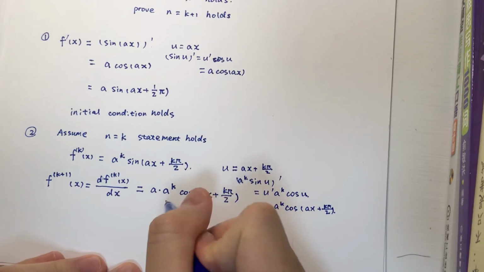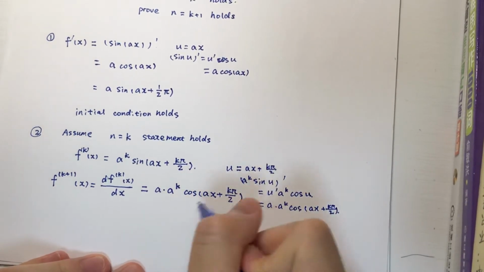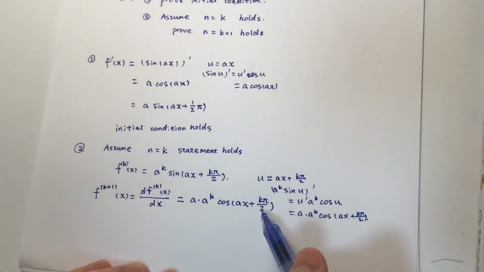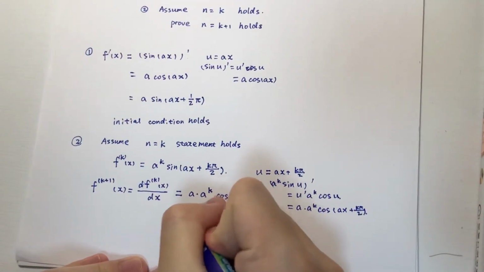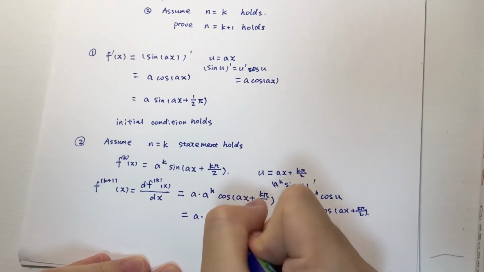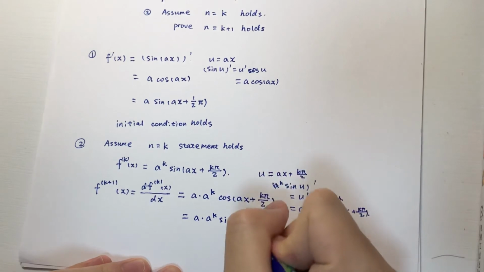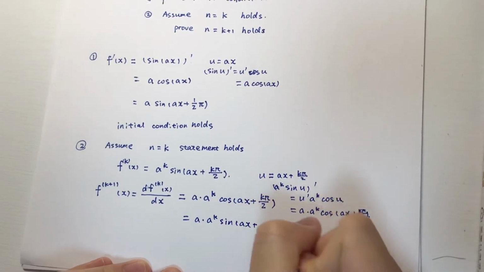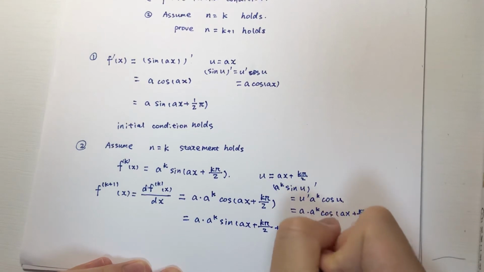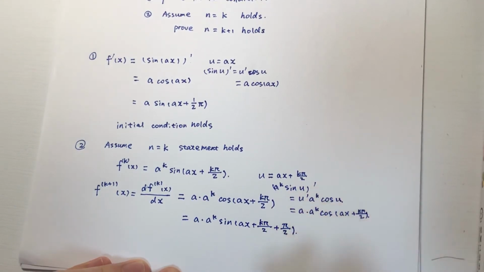Okay, so now let's simplify this one. So still by this step, we let θ equal ax + kπ/2. So inside the bracket, we rewrite it as sin(ax + kπ/2 + π/2).